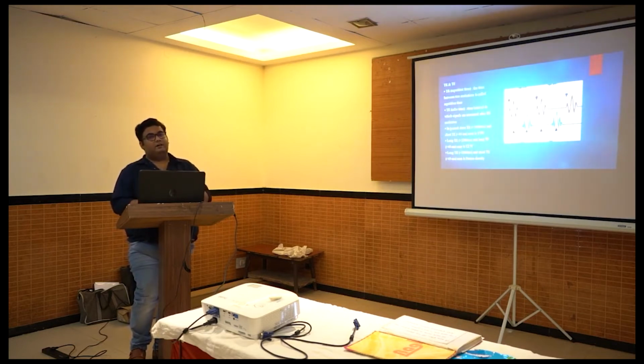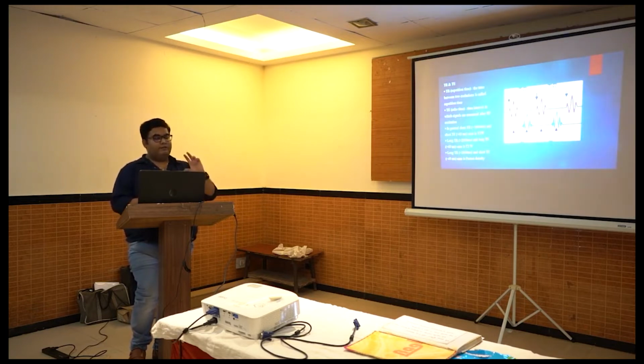Basically, what we all as clinicians know is that these are T1 images, these are T2 images. Now we want to understand what these T1, T2 images are. Before that we have to understand what are TR and TE, that is repetition time and echo time.